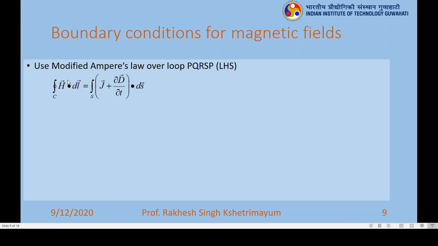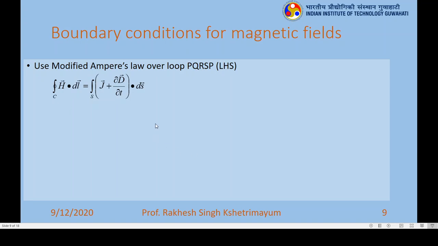This is the Maxwell-Ampere's law: the closed contour integral of the magnetic field intensity over a closed curve C should be equal to the surface integration of the conduction current and displacement current, and this surface should be the one formed by this closed contour. So let's apply this modified Ampere's law over the closed contour PQRSP.